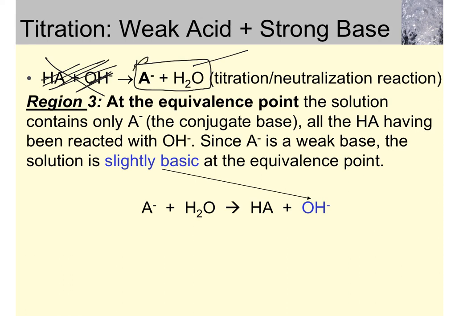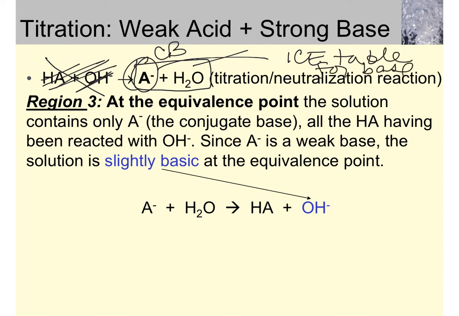But remember, the conjugate base from a weak acid or the conjugate acid from a weak base is going to affect pH. So pH is not going to be 7 when you're titrating weak acid or weak base. And how do you find pH of a conjugate base? It is simply an ice table for a weak base.